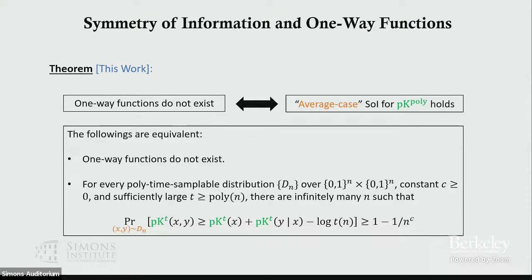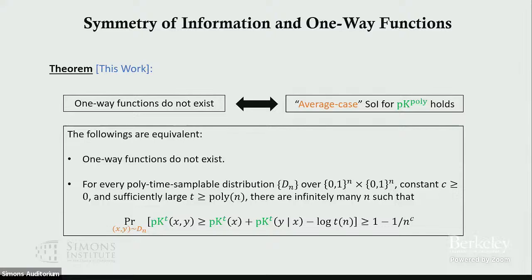And you may notice that in this case, we only say that average case symmetry of information holds for infinitely many n. And this is actually expected because if one-way functions do not exist, it means we can invert any function on infinitely many input lengths. So we should have time-bounded symmetry between pre-image and image only on those input lengths.